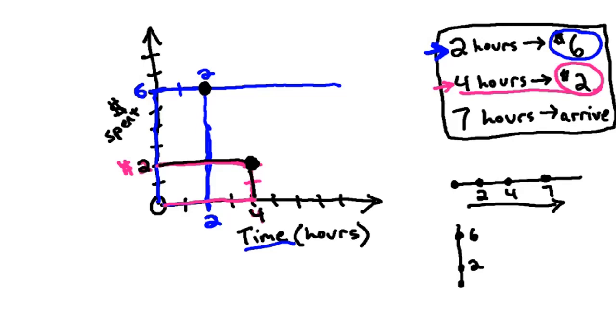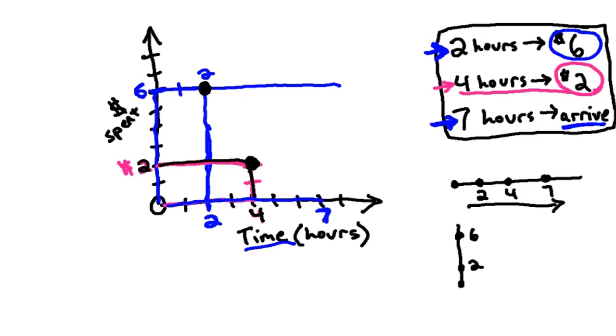And then finally, at 7 hours into the road trip, you arrived at your grandma's house. So you didn't spend any money then. You were at grandma's house and she made you a nice dinner and you didn't have to spend any money. So on your timeline, we're going to go all the way over 1, 2, 3, 4, 5, 6, 7, and here's 7 hours.